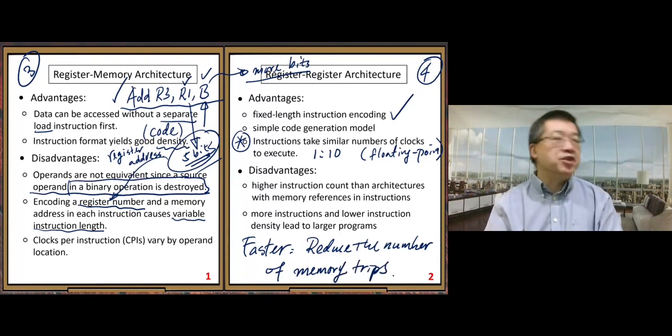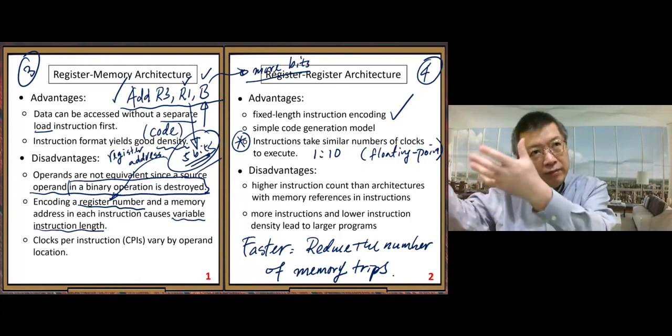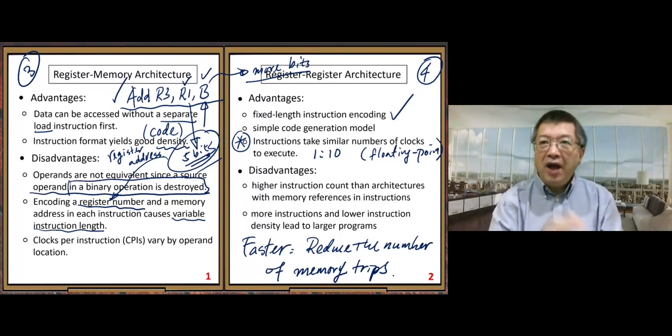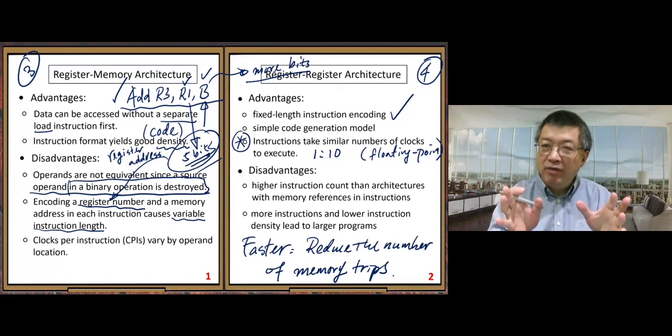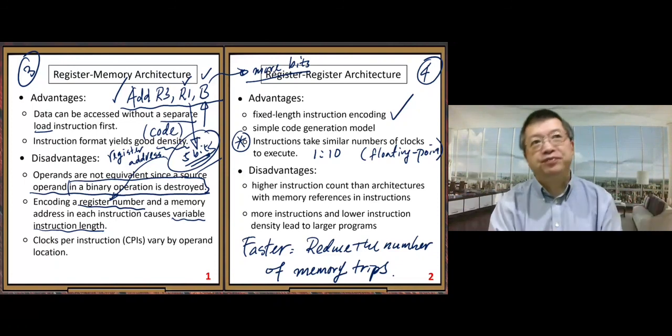Memory trips are very expensive. It usually takes a long time to get data from memory. Why will this reduce the number of memory trips? Very simple.